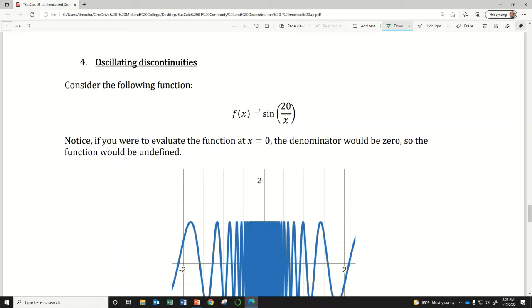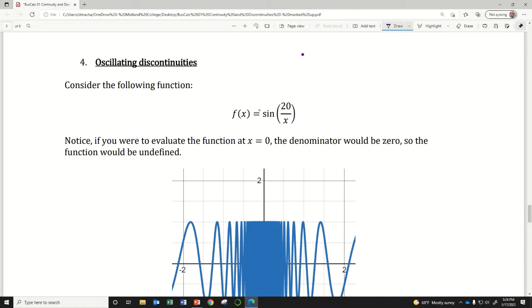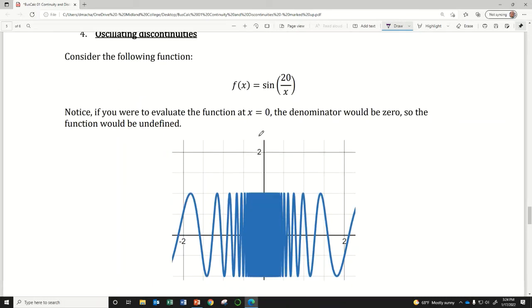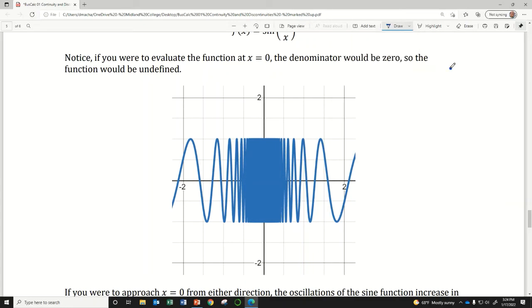So you can mostly ignore this example, but I just want to mention it for completeness. The idea is if you have sine of 20 divided by x, this is what the graph would look like. I graphed this using a tool that I encourage you to check out called desmos.com.